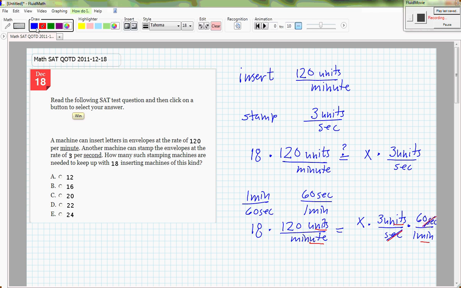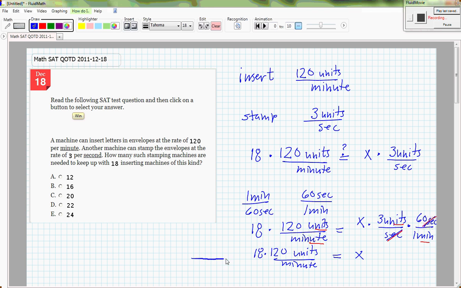So that means, going back to my equation here, 18 times 120 units per minute equals X. Well, what I'm going to do is divide by 3 times 60 units per minute.